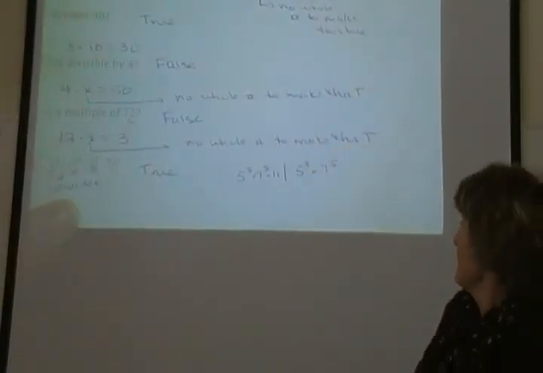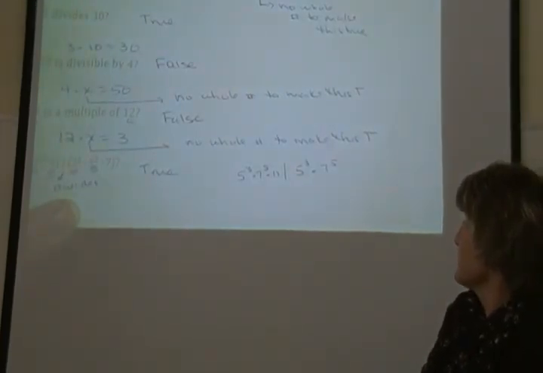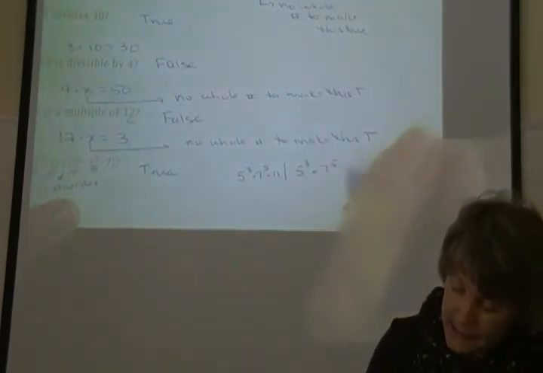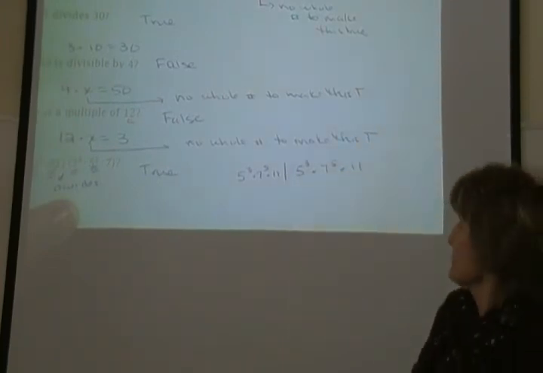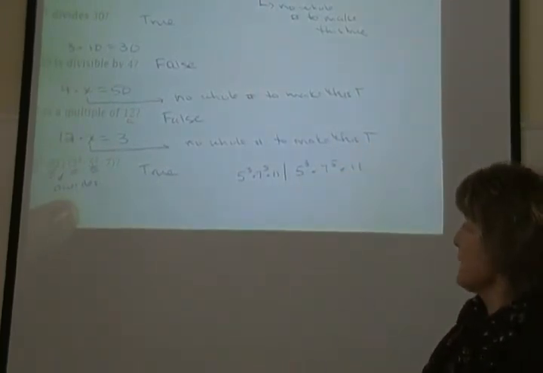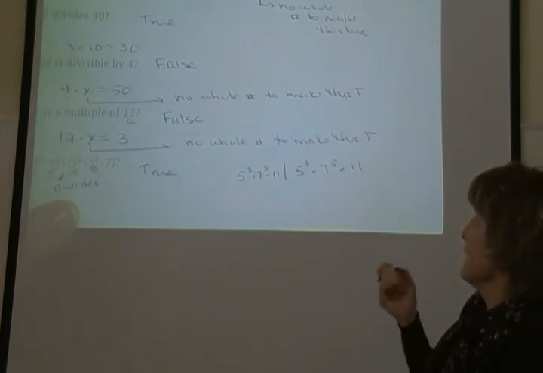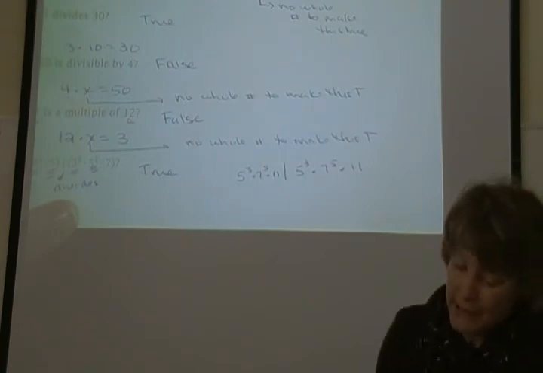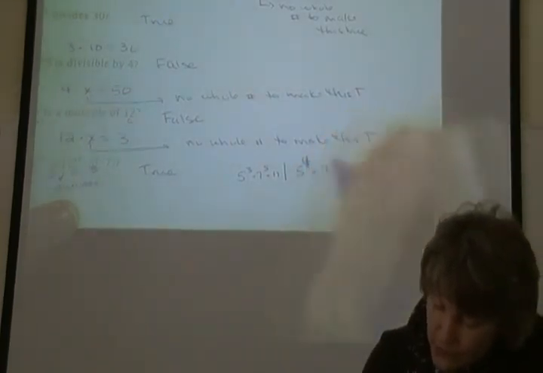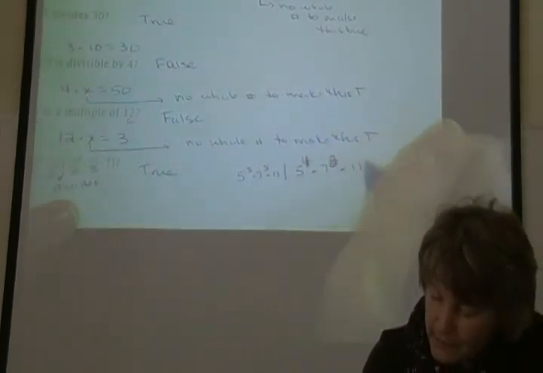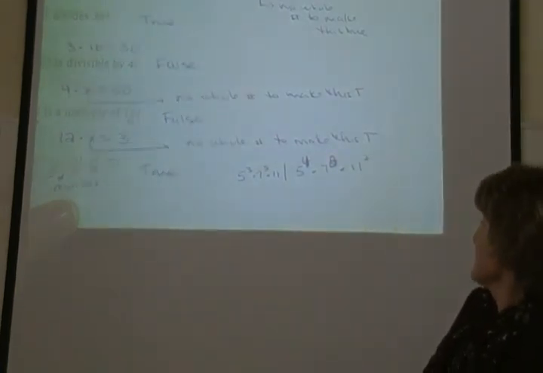I have at least 7 to the 5th there. It could be more, but it's got to be at least that. And at least 11. Every factor on the left has got to occur on the right, and it's got to occur at least as many times if it's going to divide. So again, I could make this a 4, I can make this an 8, and I can make that squared, and it would still be true.